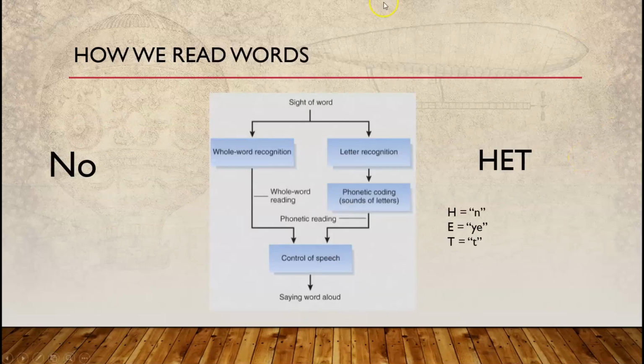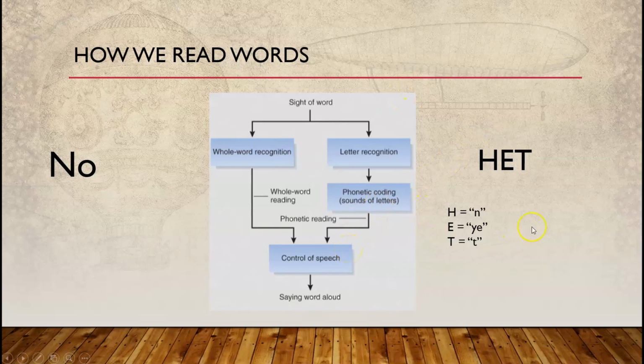So first, we need to understand how we read words. When we see a word, we either know the word and just say it, like for example this word is just "no", or we don't recognize the word, but we understand how the letters are pronounced, and we sound out the letters so we can say the word.